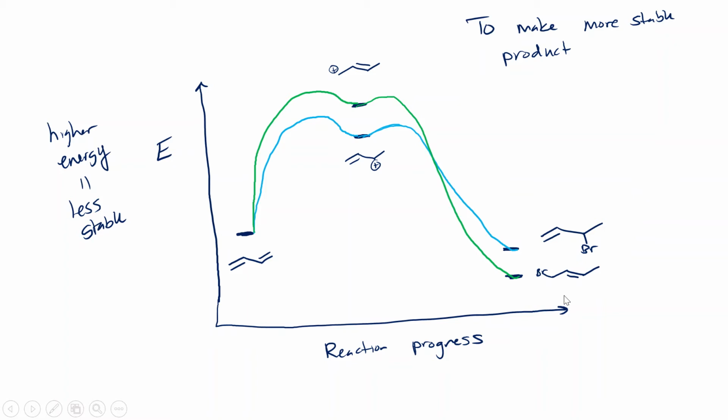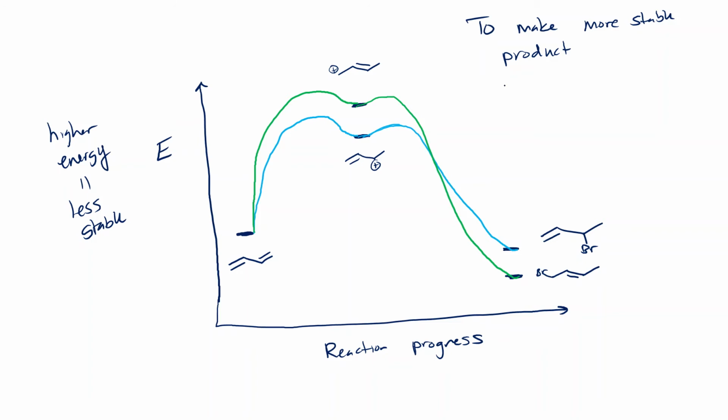Or not always, but eventually as time goes on, we'll bounce back and forth between starting material and intermediate and products. And as time goes on, more and more things will fall to this lowest point, the most stable point, the least reactive point, this final more stable product.